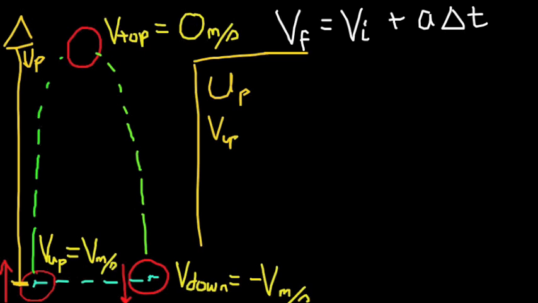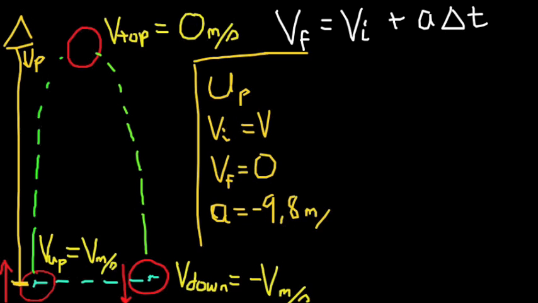If we break them up into these two separate parts, we can see that for the up motion, the initial velocity is v up, the final velocity must be 0, the acceleration is g, the gravitational constant 9.8 meters per second squared down, and the time to travel this distance is t up.